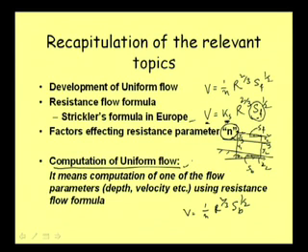It means computation of one of the flow parameters, which may be depth, velocity, etc., using a resistance flow formula. That is what we generally mean by computation of uniform flow. Well, now let me go to the next slide.